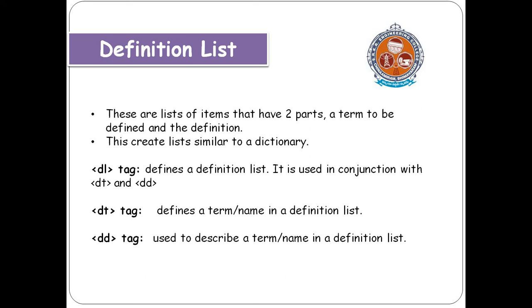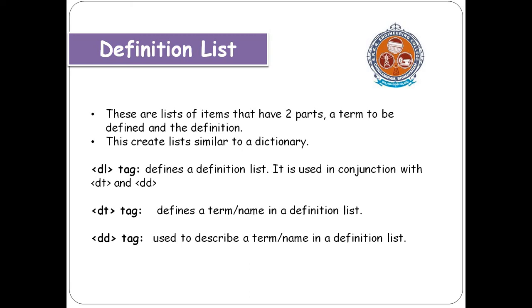Then below that subheading, you define what HTML is: hypertext markup language. Same like that, these are lists of items that have two parts: a term to be defined and then a definition. First you define HTML, that is in a subheading. Then you give the definition, that means hypertext markup language.